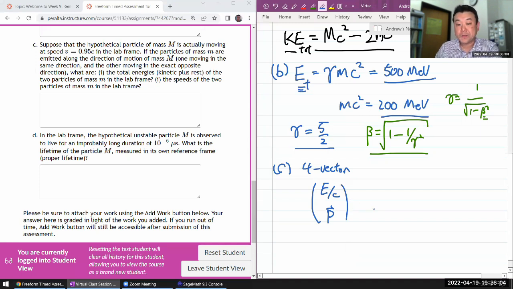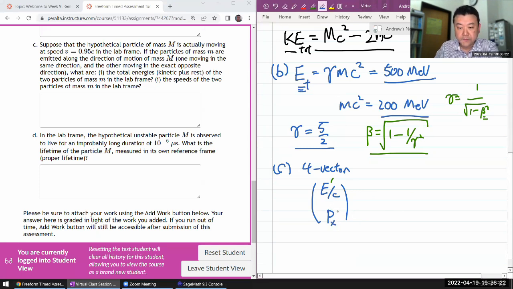So once you fully get that, then you can use a Lorentz transformation on this. If you want the energy and the momentum values, let me just deal with only the x component.